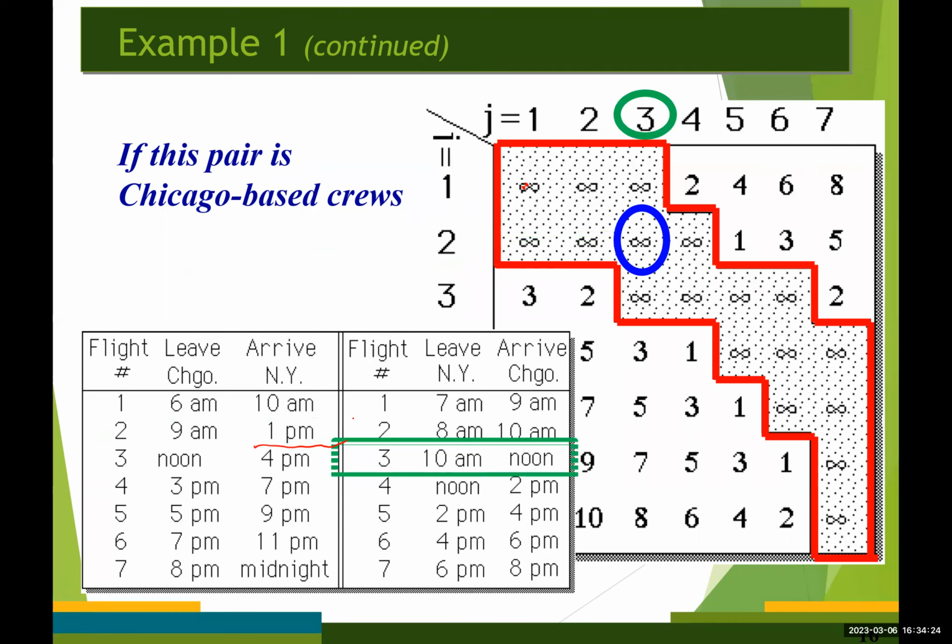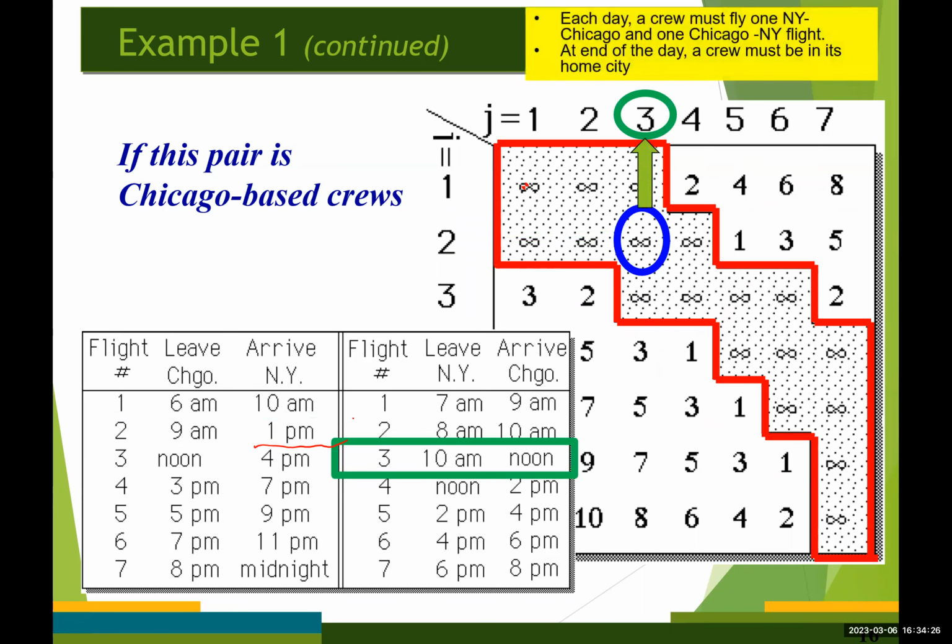And then he is supposed to take flight number 3 the next day at 10 o'clock in the morning to come back to Chicago.